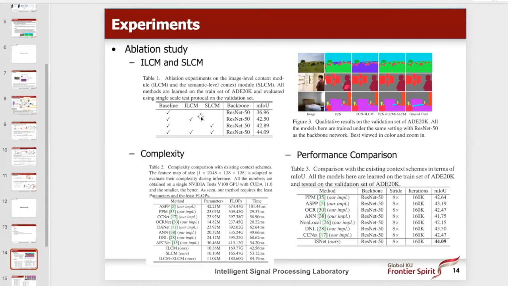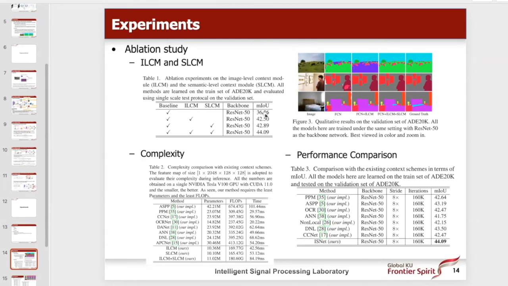Table 1 shows the results when we use only the image level context module, only the semantic level context module, or both modules. We can see that when we use the baseline plus the image level context module, there is a great improvement over the baseline.